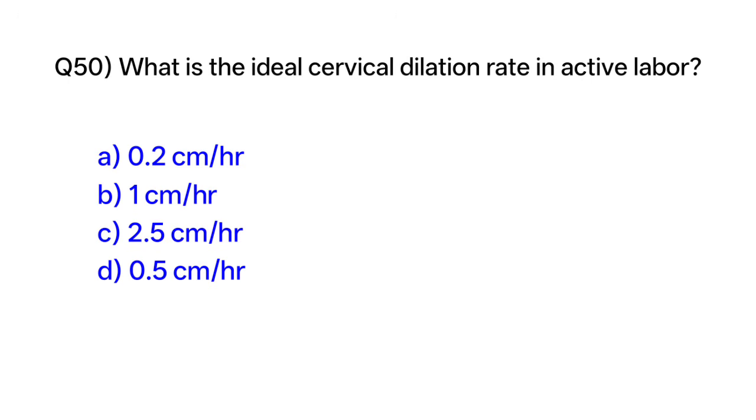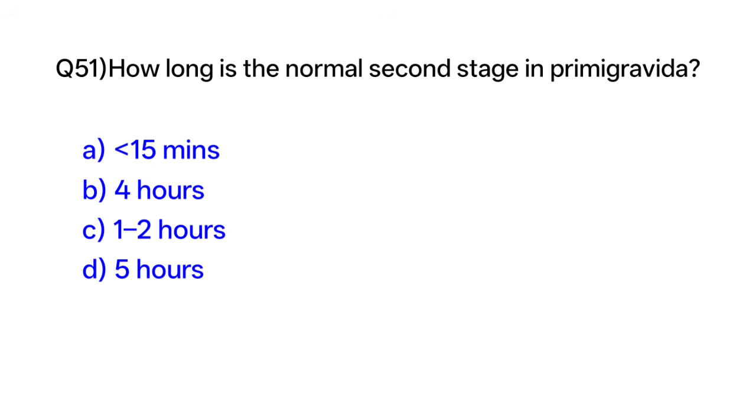Question number 50. What is the ideal cervical dilation rate in active labor? The correct option is B. 1 centimeter per hour. Question number 51. How long is the normal second stage in primigravida? The correct option is C. 1 to 2 hours.